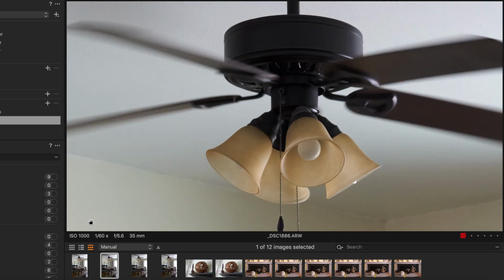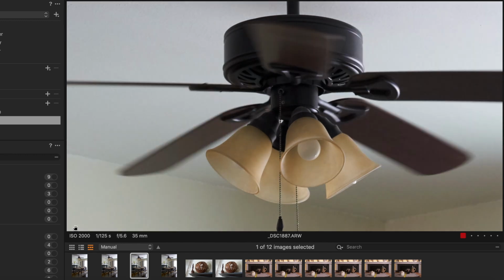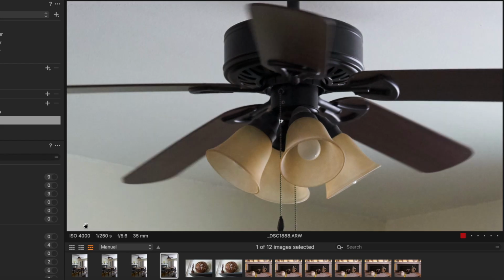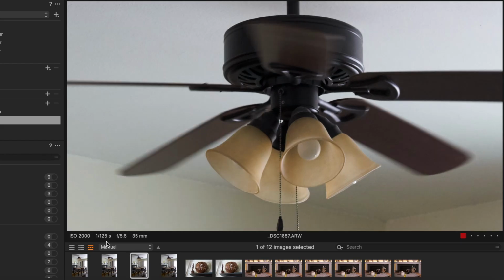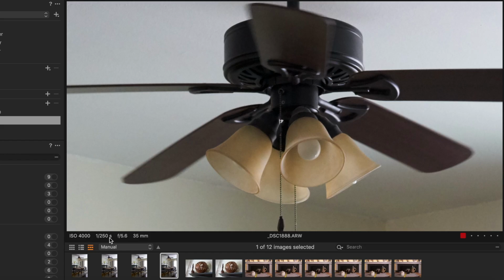It's 1000. So keep your eyes down here on the settings. It went from 500 to 1000, and then to 2000 because I went one stop faster on my shutter speed. I had to go one stop faster on my ISO. One more time. Doubled again. I went from 1/125th to 1/250th of a second. Therefore, I had to go from ISO 2000 to ISO 4000.